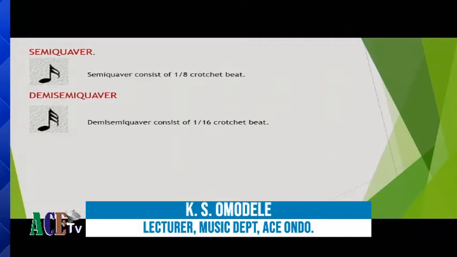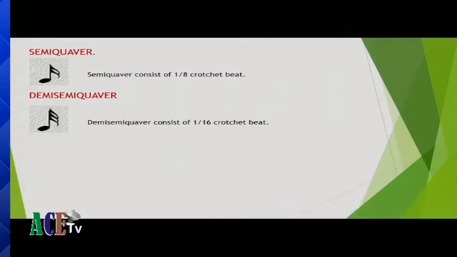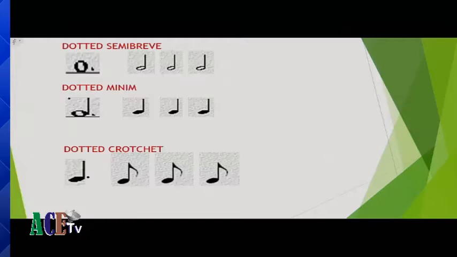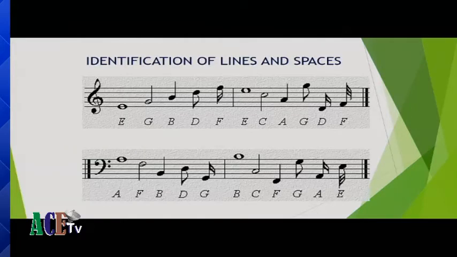These musical notes are the ones we put on the staff. When you move to the next page, we have identification of lines and spaces. So we have various kinds of these notes on the staff. It is not only the alphabet that you put on the staff, but also the musical notes.